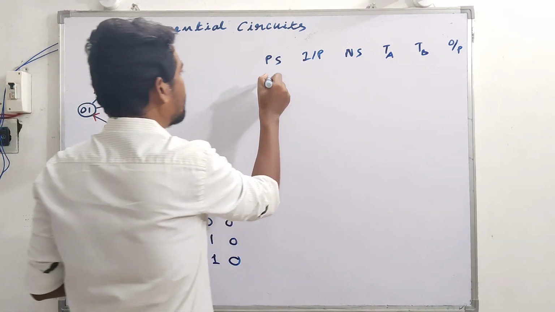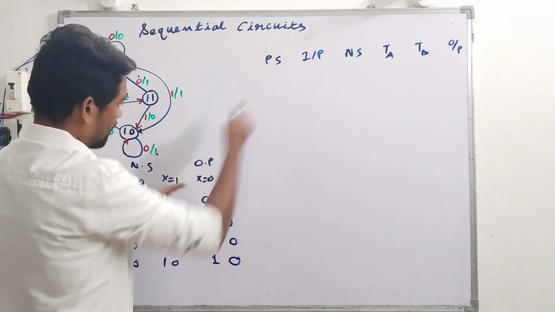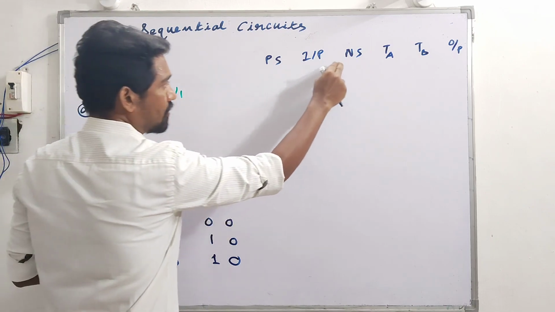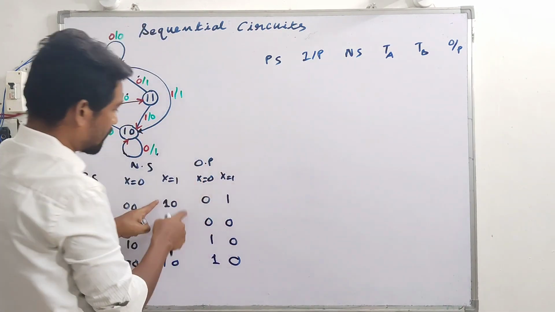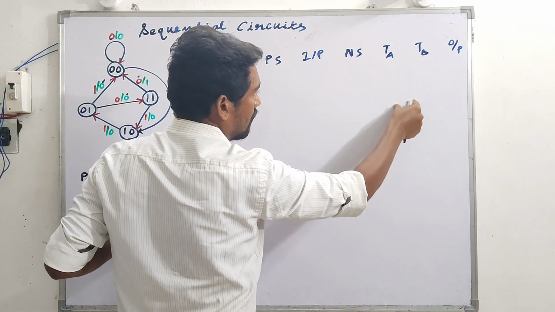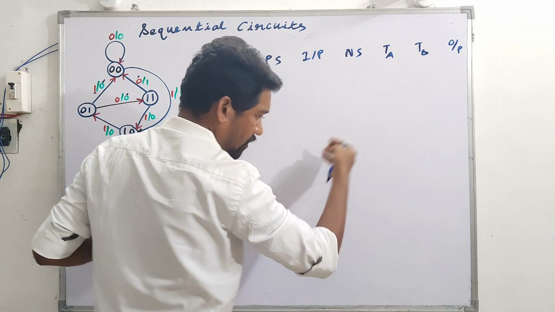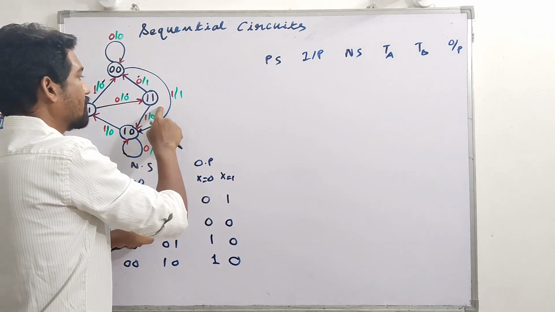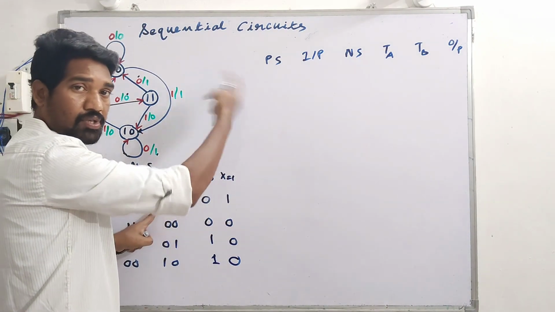Alright, so the present state and the next state in the excitation table are nothing but the information from the state table itself. In between, we will include the behavior of the T flip-flop, because we want to implement this state machine using a T flip-flop.